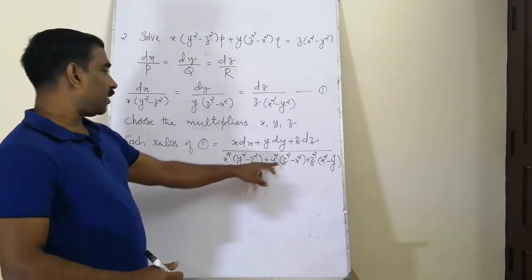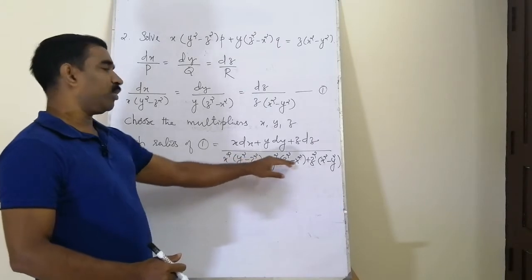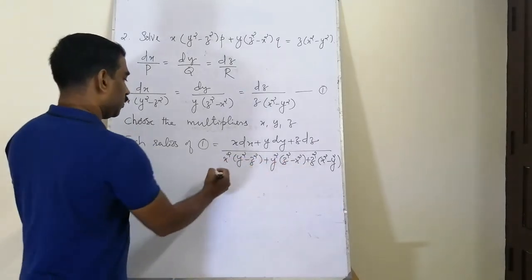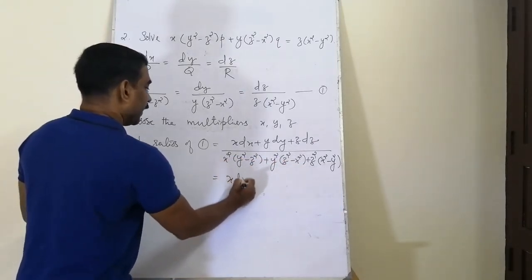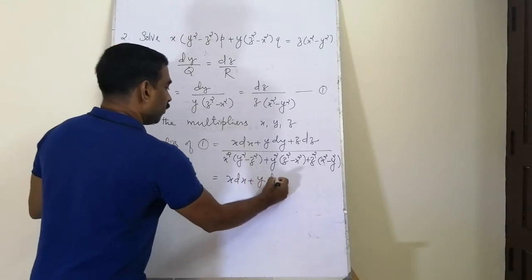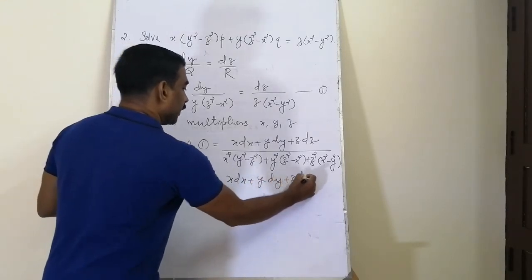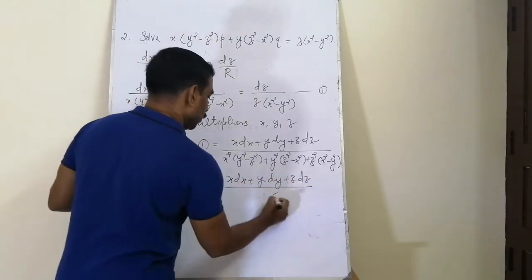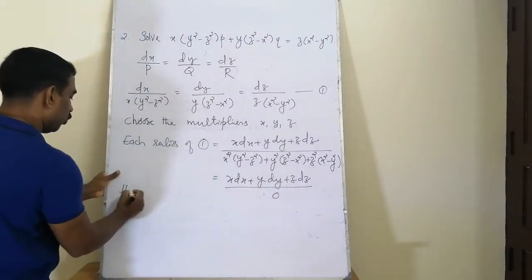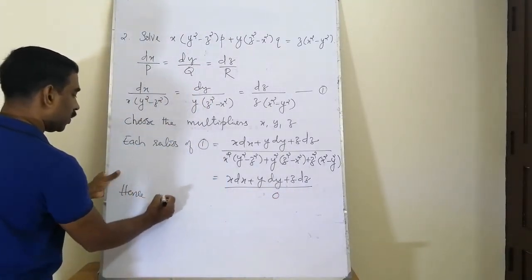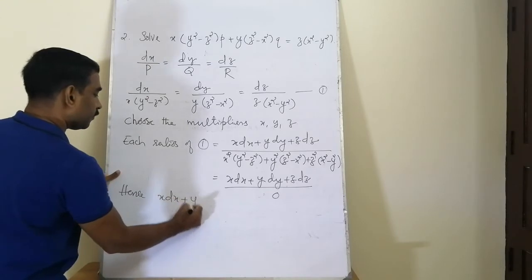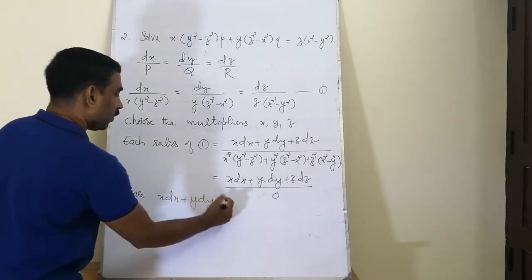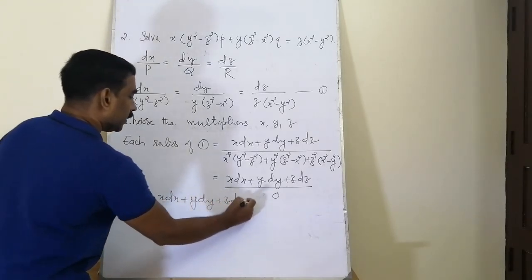On expansion and adding, we can see that the denominator of the fourth ratio becomes 0. So this is equal to (x dx + y dy + z dz)/0. Hence, the numerator also goes to 0: x dx + y dy + z dz = 0.